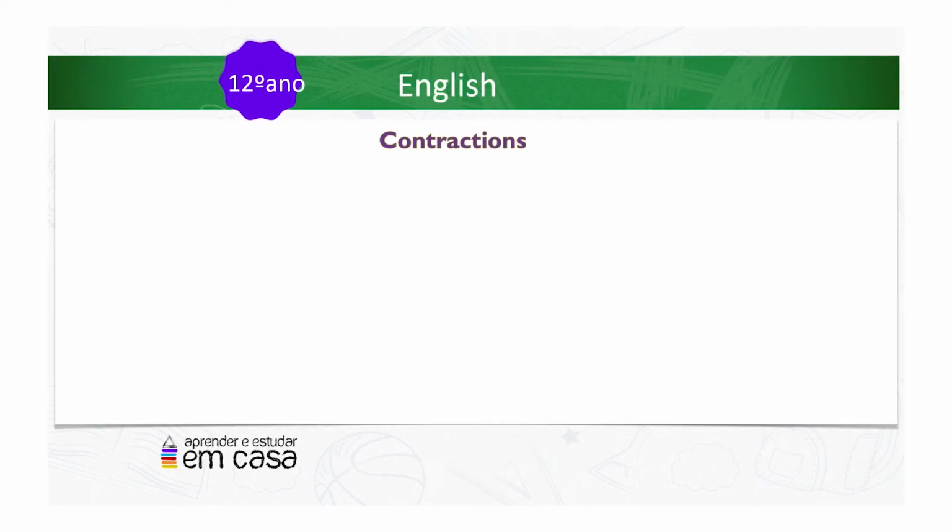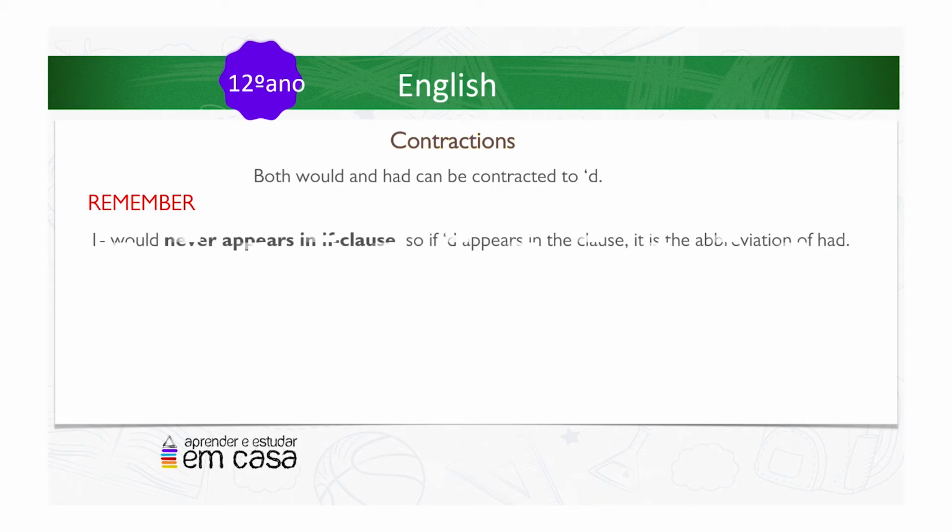So let's see the contractions. Here we can see that both would and had, when you contract them with the verb, become only a D. But how are we going to know if it's would or had? Remember that would never appears in the if clause.